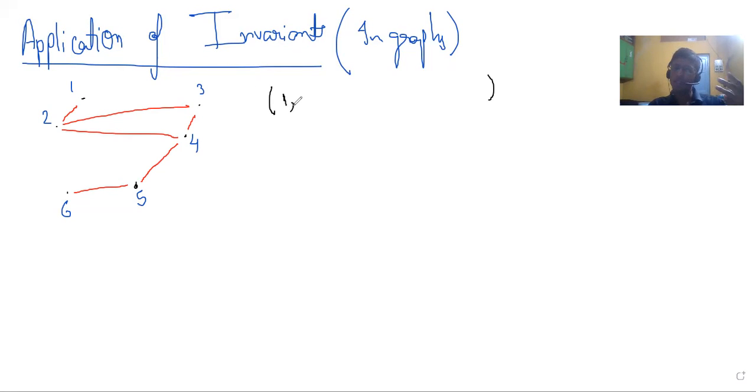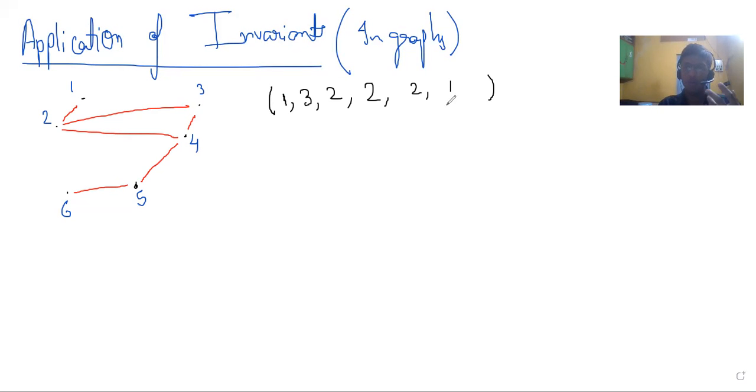The second vertex has 3 neighbors, 3 edges coming out of it, 3 lines coming out of it. That's what I mean by 3 neighbors. So you can understand, right? Now vertex 3 has 2 neighbors, and so on. 4 has 2 neighbors. So given this graph, I have this sequence. It's very easy.